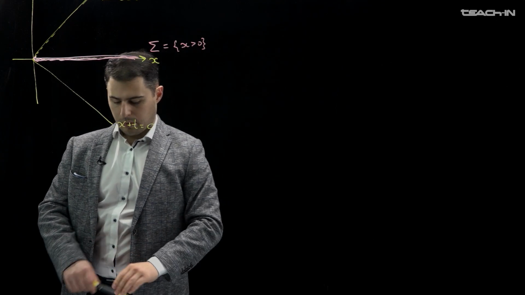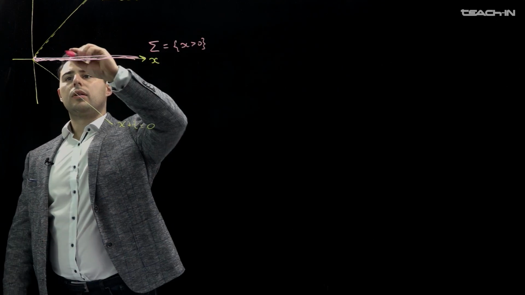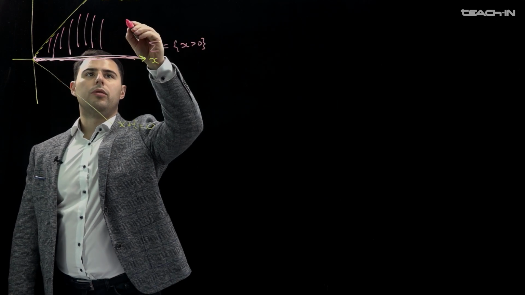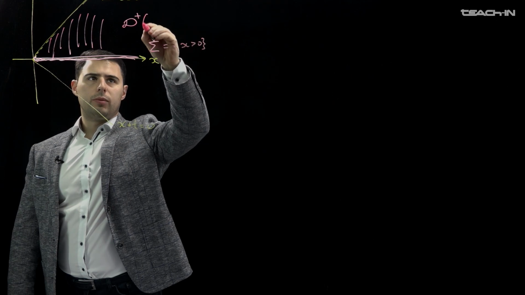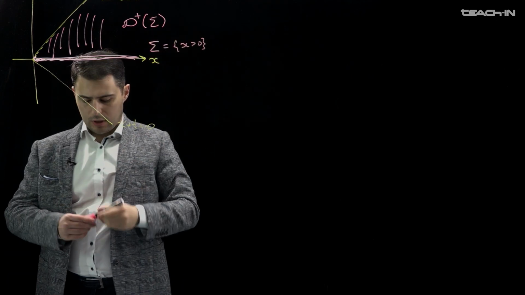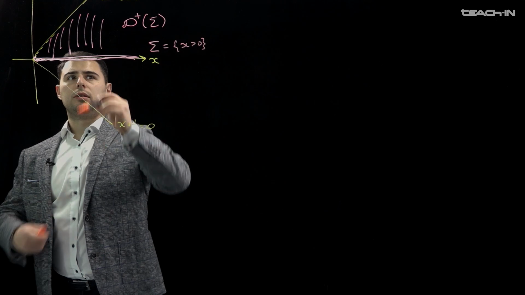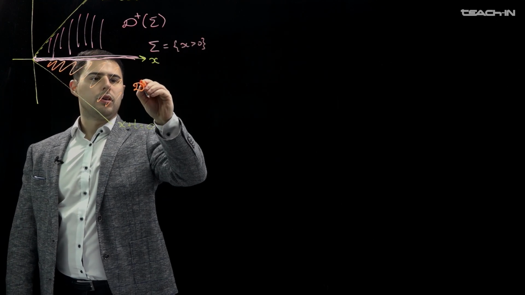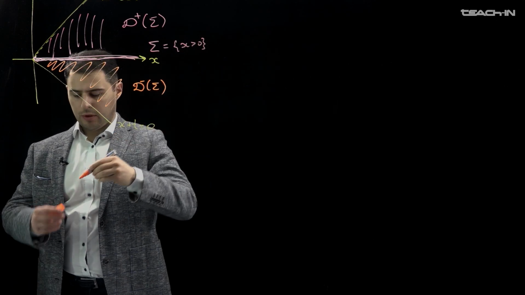So this bit would be called the future domain of dependence, and this one is the past domain of dependence.